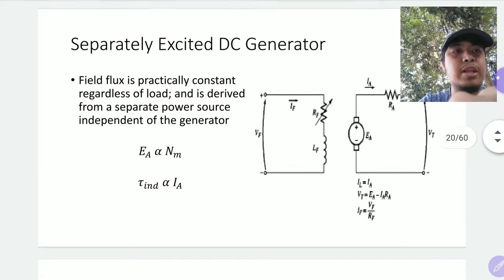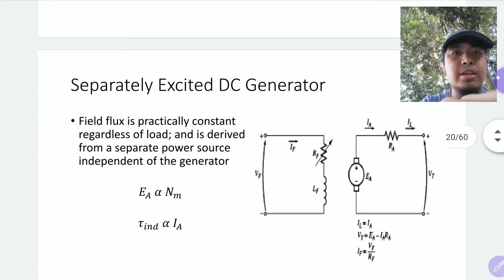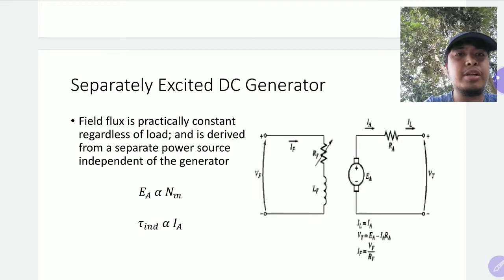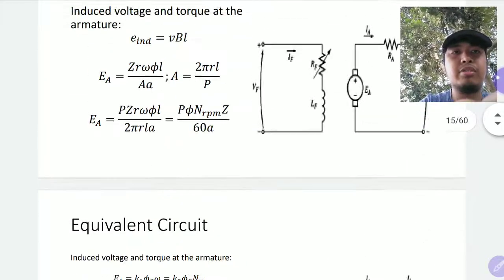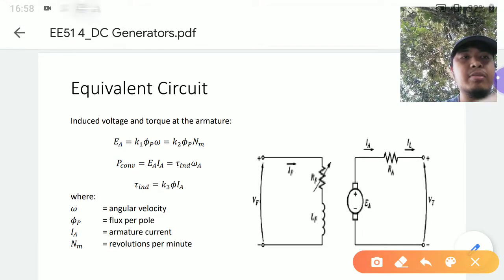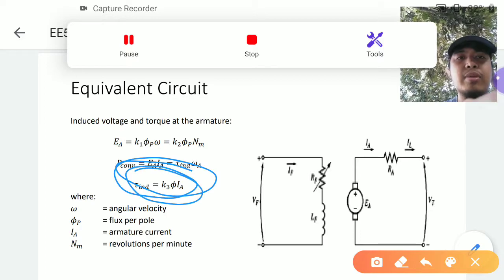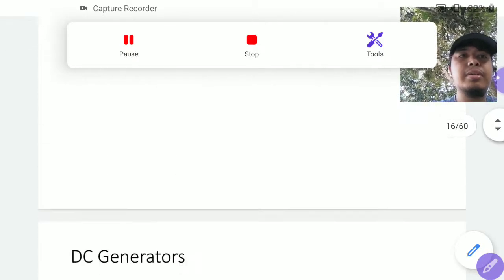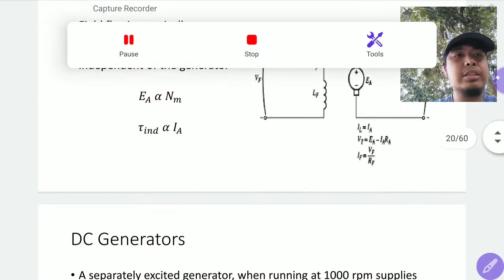Now that's one of the simplest ones. Your torque is directly proportional to the current at the armature. That is from this formula.